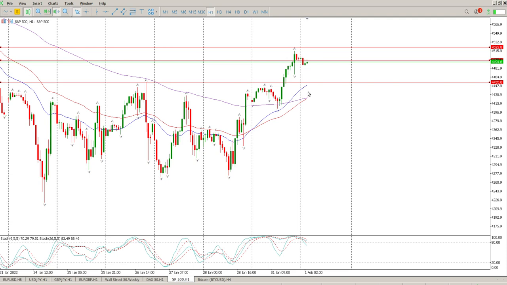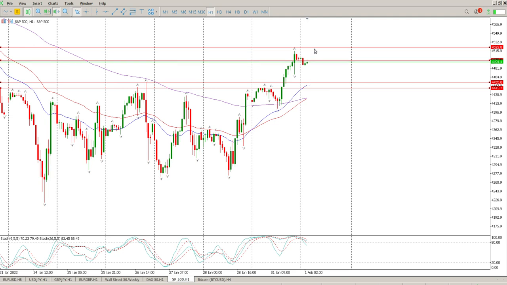So I'm looking for a pullback onto 44.55 or a little bit further down here at 44.43, or even a Fibonacci of this previous move, so 50% or 61.8 retracement into that area. You should see it line up with some structure, and then I'd be looking for a move to the upside.